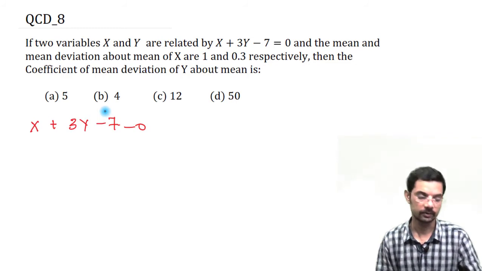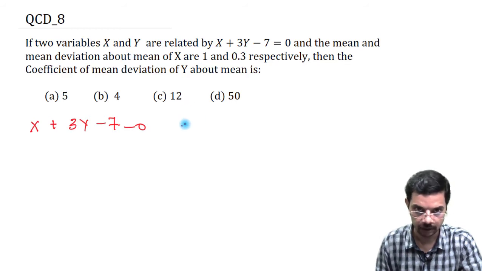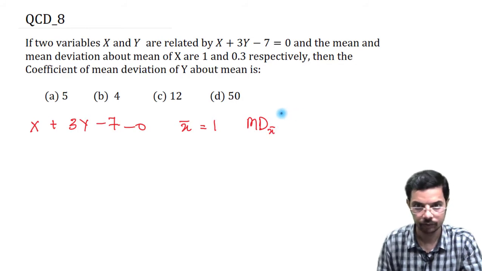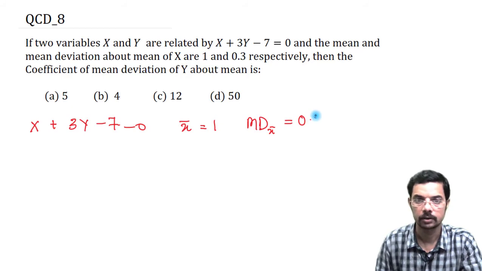Then what we have is how to calculate this, and what else we have? The mean and the mean deviation. Mean x bar is equal to 1, and mean deviation MD about x bar will be equal to 0.3.